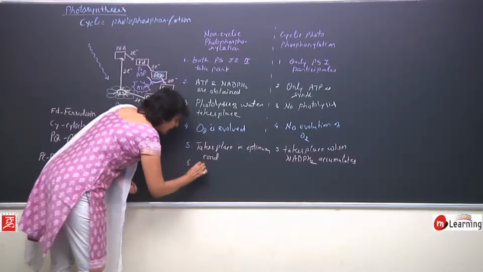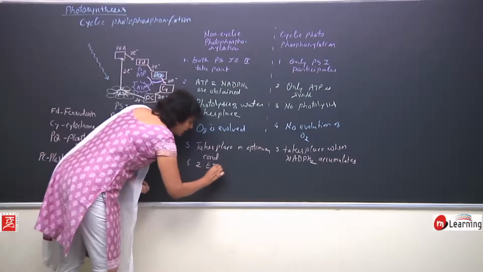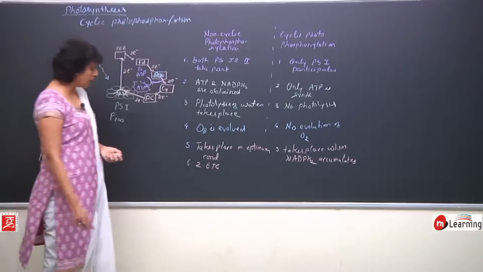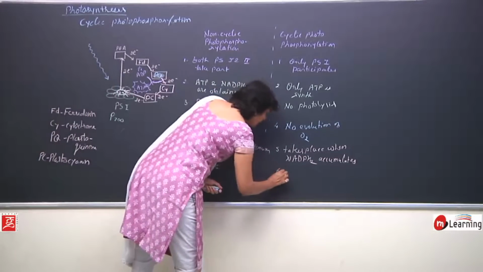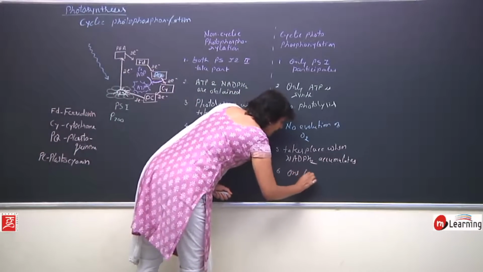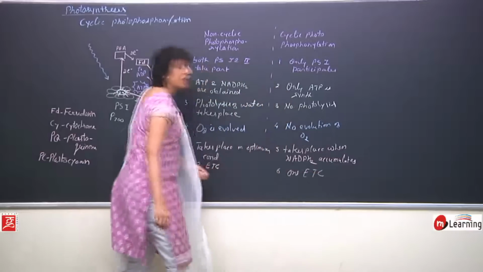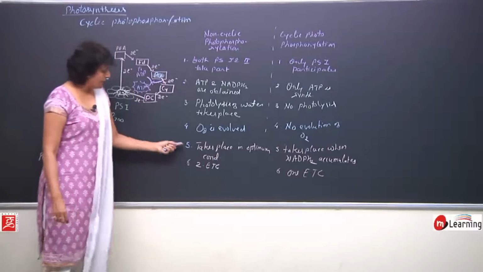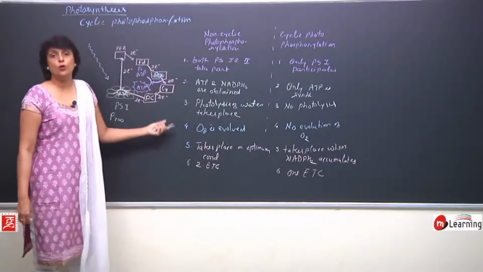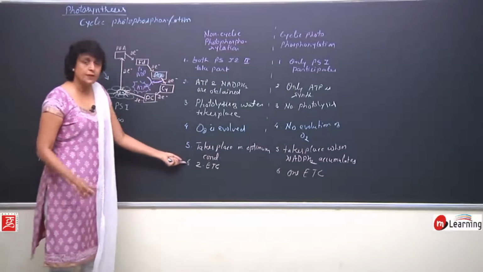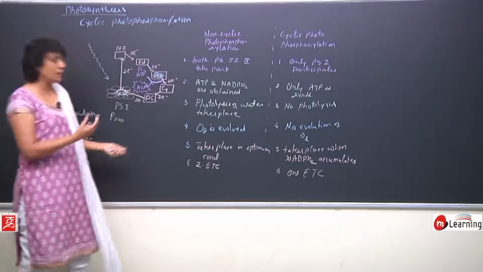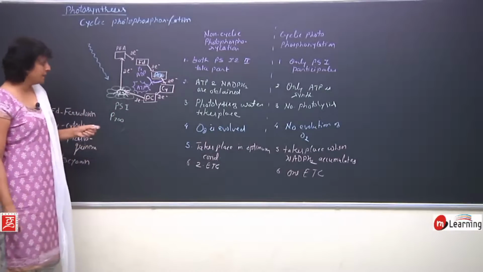In case of non-cyclic, two electron transport chains work, whereas in case of cyclic, one electron transport chain works. But the first 5 points are the most significant points. This is just to add to the number and to make the differences even more clear.